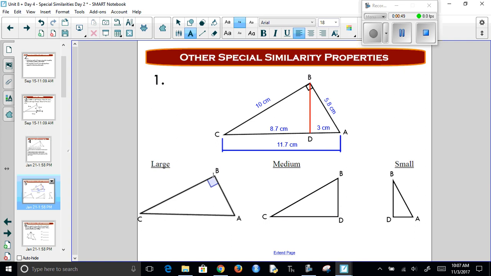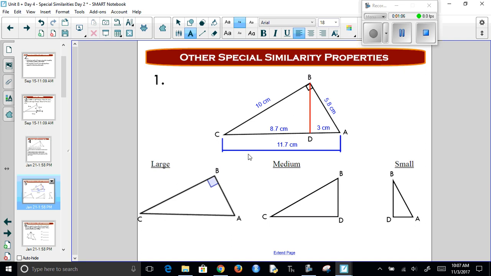we can draw a large triangle, and this one's drawn slightly different than the one in your packet. That's this triangle here. There's the medium triangle, BCD, and then there's the smallest triangle, BDA.